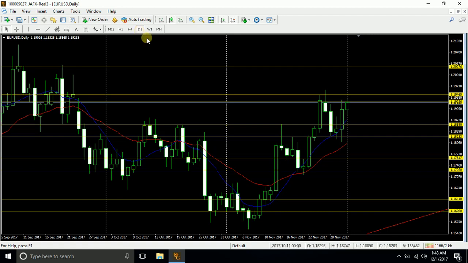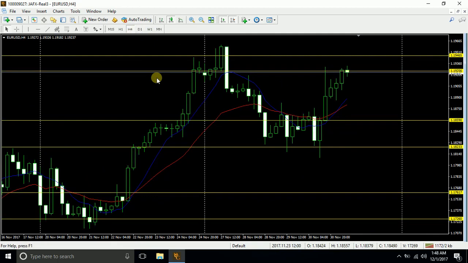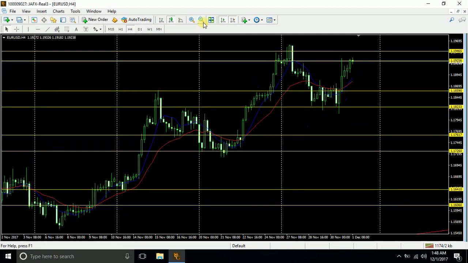So in order to see exactly what's going on inside of this daily candle, we have to use the 4-hour chart. Okay, now same zone at the 19256, 4-hour chart, and what do we see?